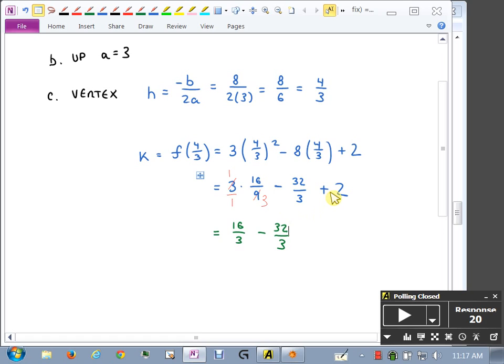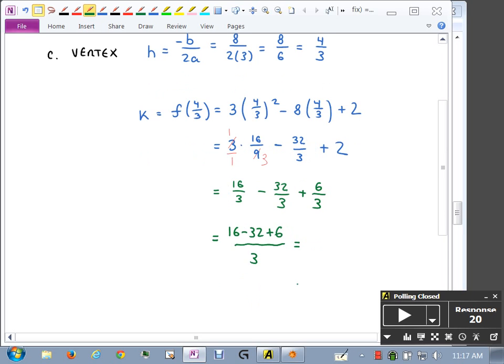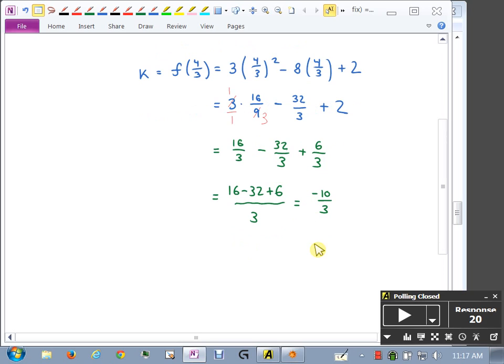So why don't we just write that with a common denominator of 3? So 2 can be rewritten as 6 over 3. And now we just combine all the numerators. 16, take away 32, add 6, all of that over 3. We get negative 16 when you put those together, and then add 6, so negative 10, negative 10 thirds. Just leave it like that.